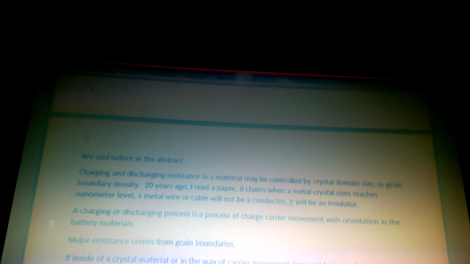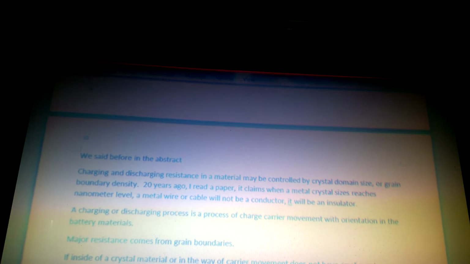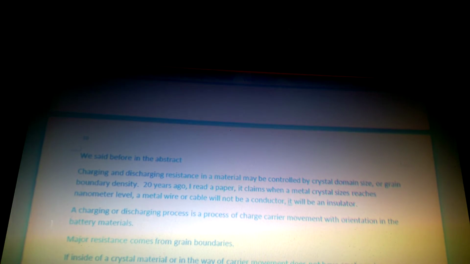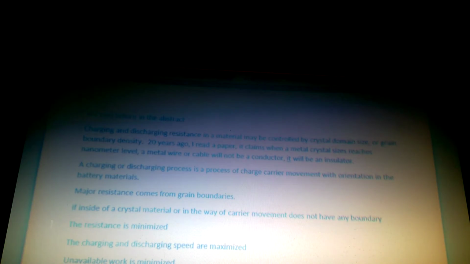A charging or discharging process really is a process of charge carrier movement with orientation in the battery materials. Major resistance comes from grain boundaries. If inside of a crystal material or in the way of a carrier movement does not have any boundary, the resistance is minimized. Then that means the charging and discharging speed are maximized.